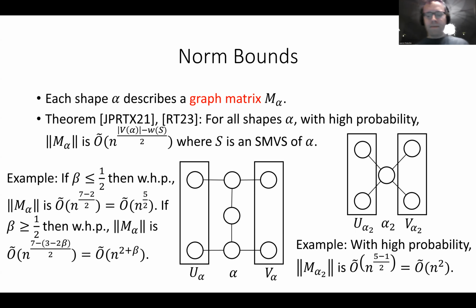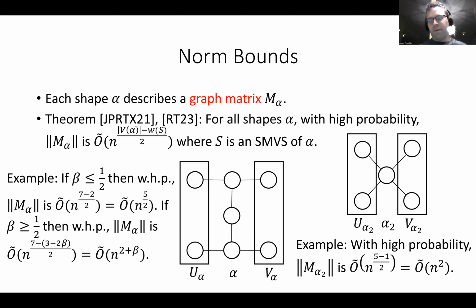So for our example shape alpha, if beta is at most 1/2, then the 2 vertices on the left are an SMVS. So with high probability, the norm of M alpha is O tilde of n to the (7 minus 2) over 2, which is O tilde of n to the 5/2. If beta is larger than 1/2, then with high probability, the norm of M alpha is O tilde of n to the 7 minus (3 minus 2 beta), all divided by 2, which is O tilde of n to the 2 plus beta.